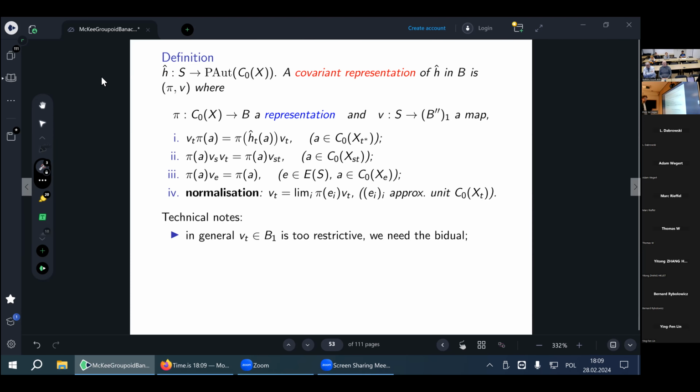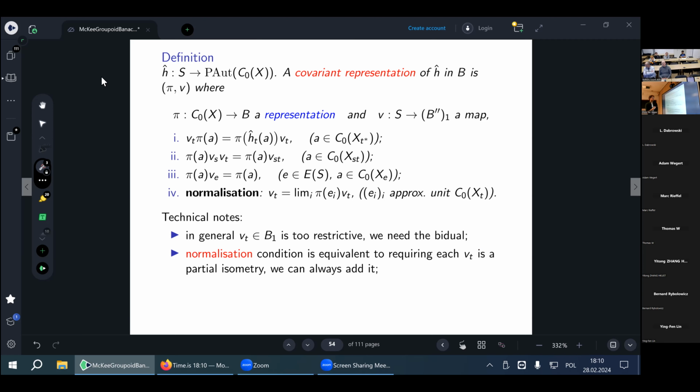Okay, so this is what I said before. In general, asking for being in the unit ball is too restrictive. As I mentioned, we need to take limits, and it turns out that we have to use this pre-dual space to take these limits. This normalization condition is equivalent, as it turns out, to requiring that each of these things is a partial isometry.